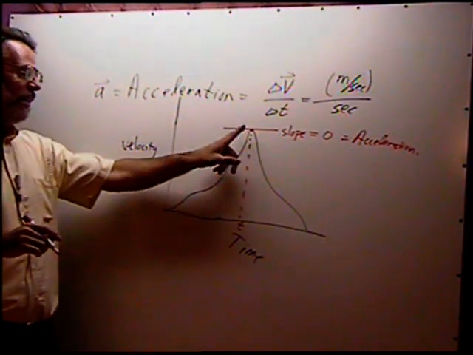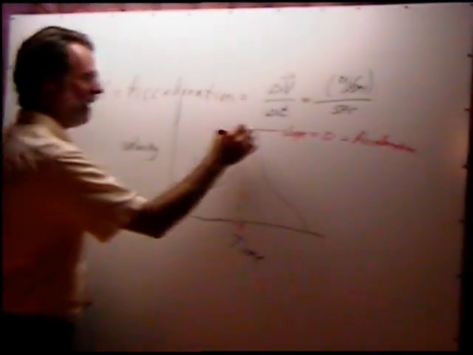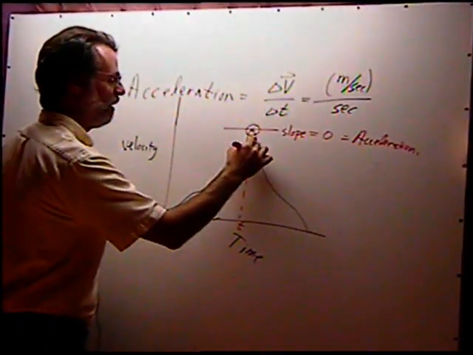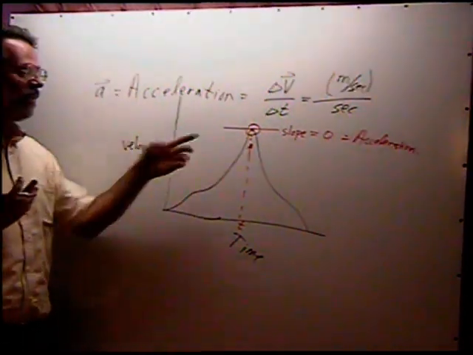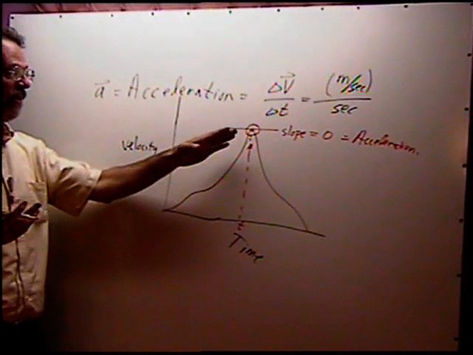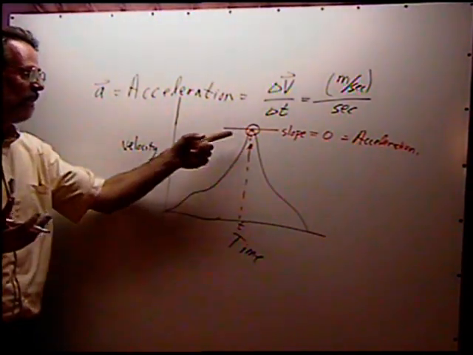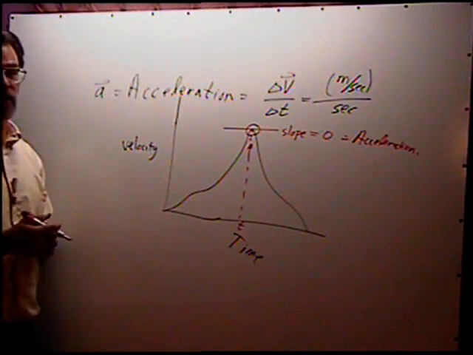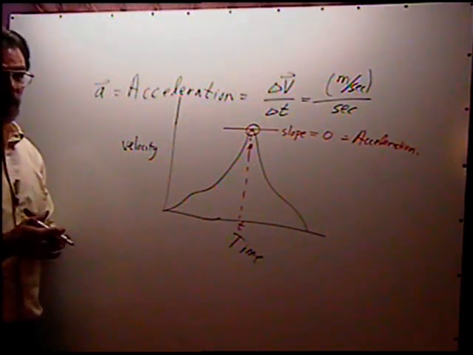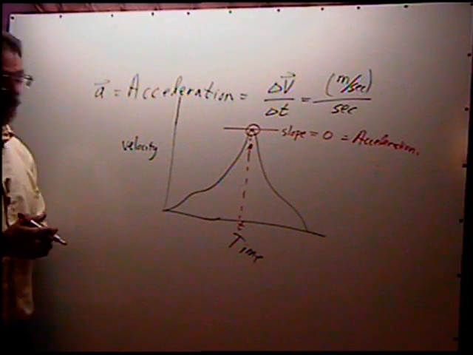Does this mean that, if we have an acceleration of 0, which we do, let's say it's a car, does that mean that the car is not moving? No, the car can be moving. In fact, the car is moving.